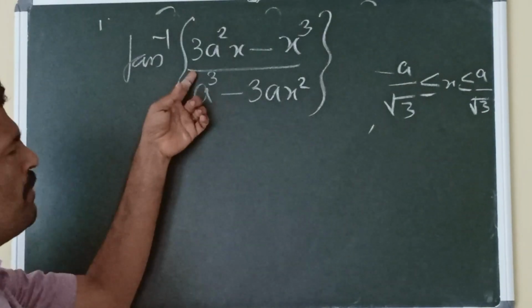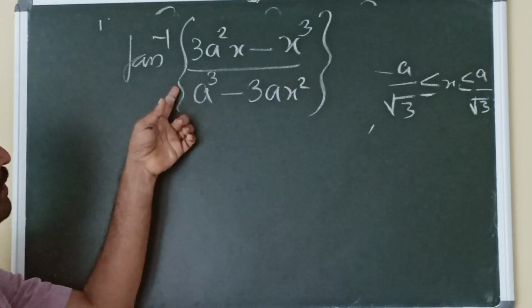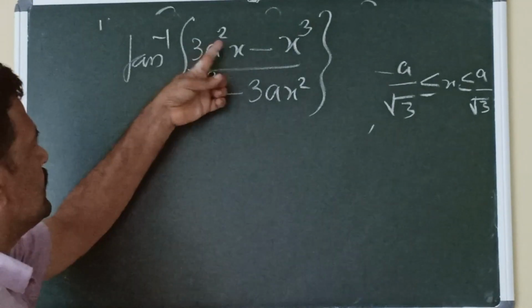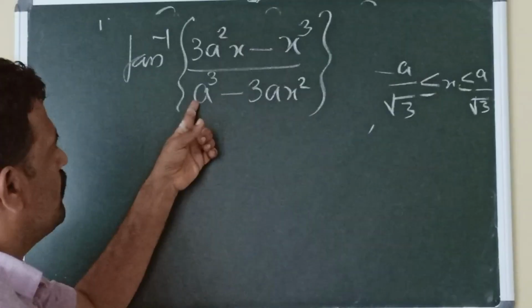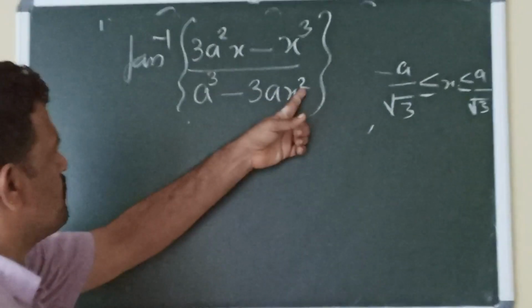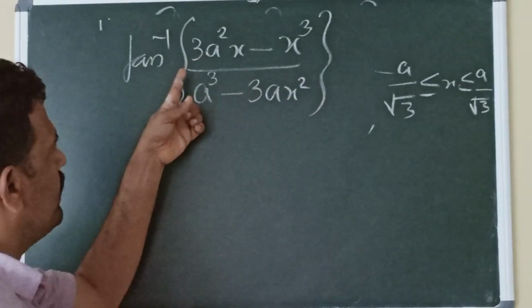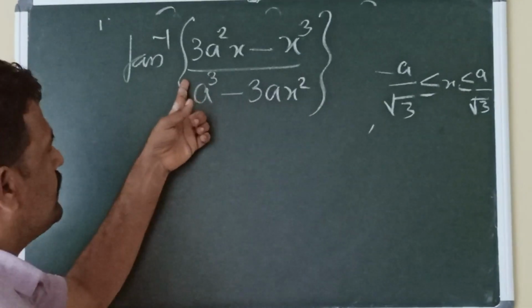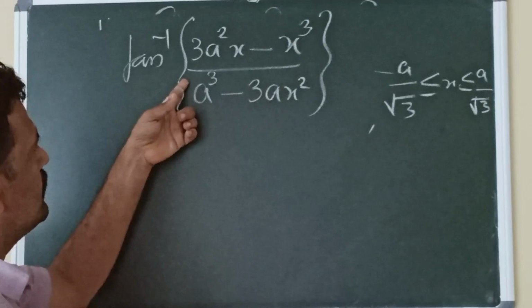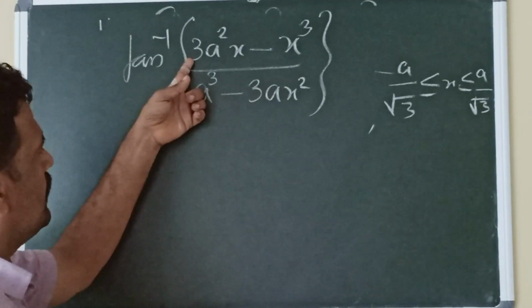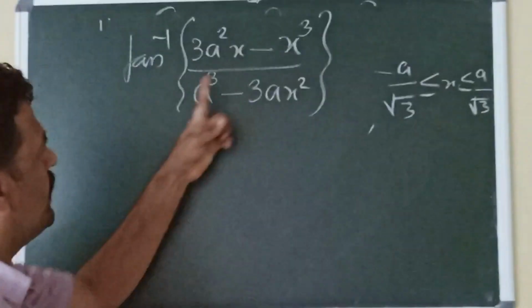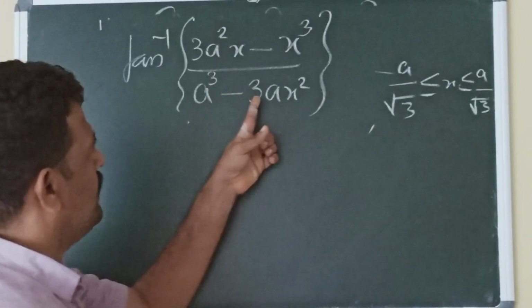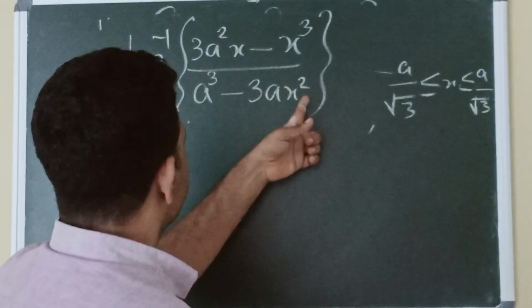Here is another problem. We have to simplify tan inverse 3a square x minus x cube divided by a cube minus 3ax square. Here comparing with the formula, tan 3 theta is equal to 3 tan theta minus tan cube theta divided by 1 minus 3 tan square theta.